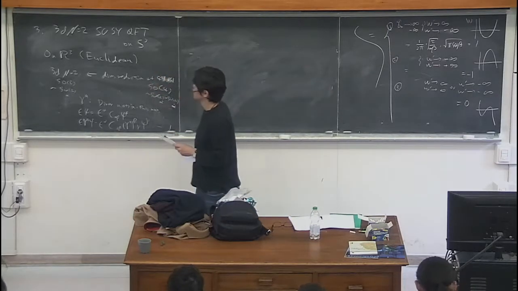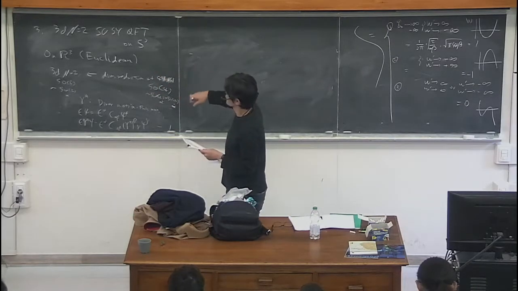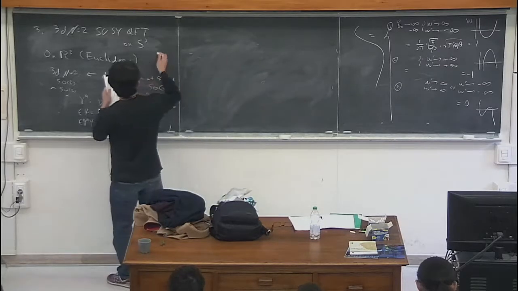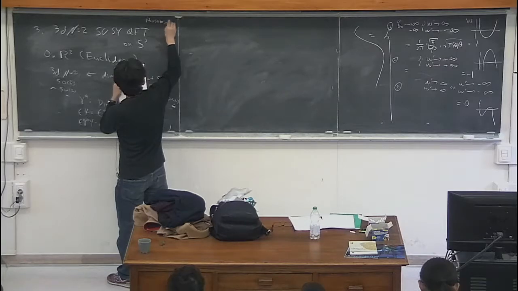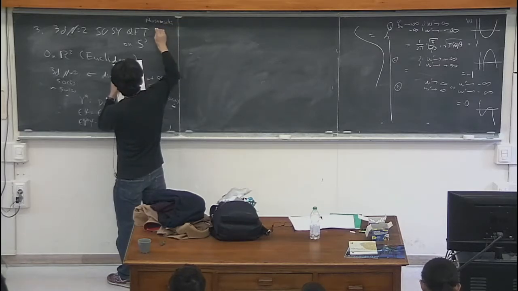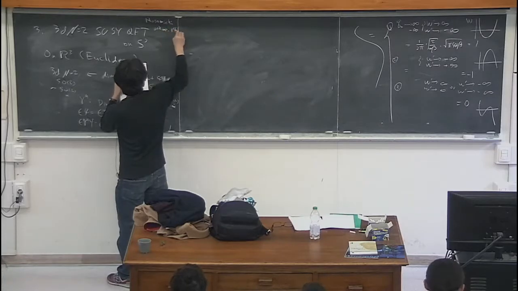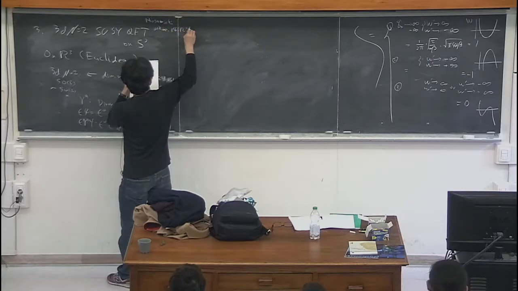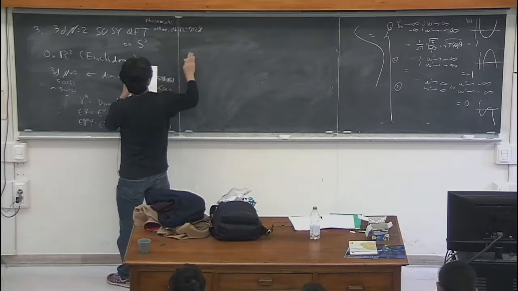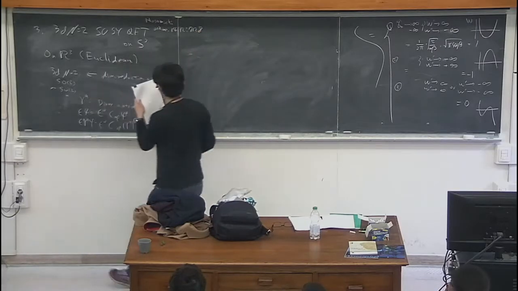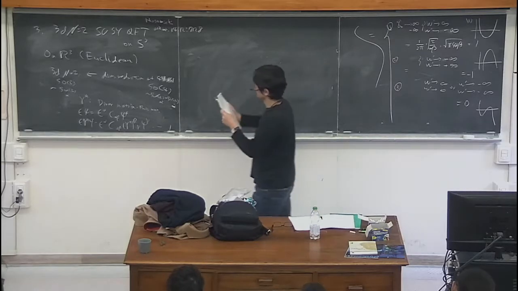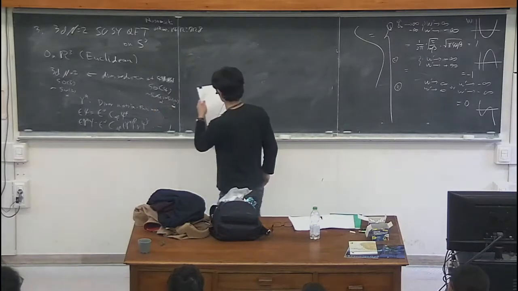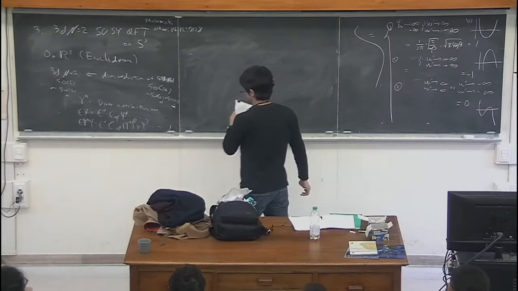In the review there is a chapter on this one. The notation is almost the same. It's especially related to the AGT things, but here we just consider this one.